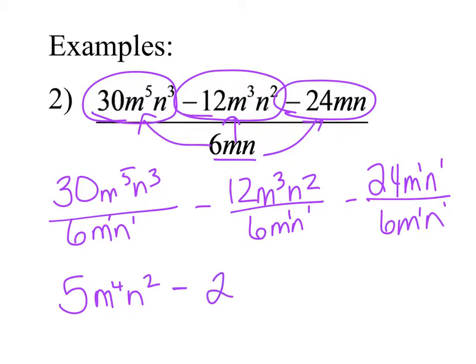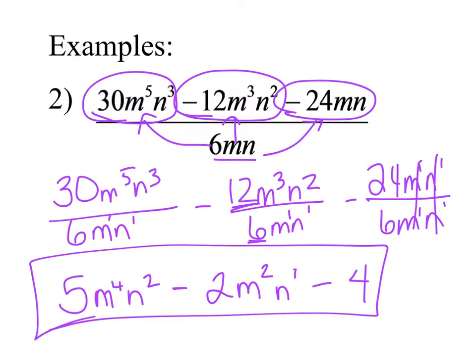So remember, the weirdest thing to remember is when you're dividing the numbers, these coefficients, make sure you divide. And when you're dividing the variables, you subtract the exponents. So you can put the 1 there. Then we have 24 divided by 6 is 4. But m divided by m, n divided by n, those are 1. So this is our solution here.